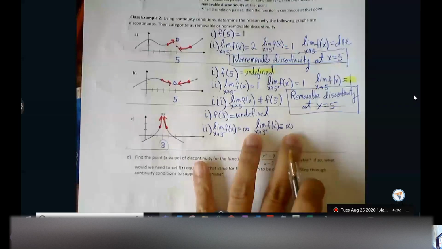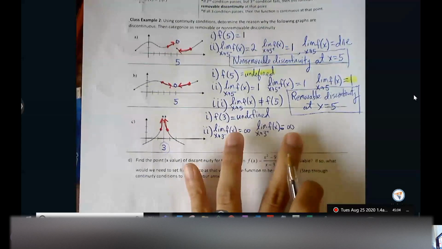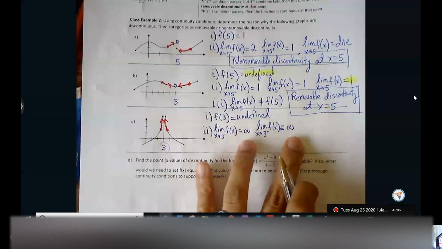And we know infinity is not a real number, so this still categorizes as a limit doesn't exist, right? So our conclusion is limit as x approaches 3 of f of x does not exist.